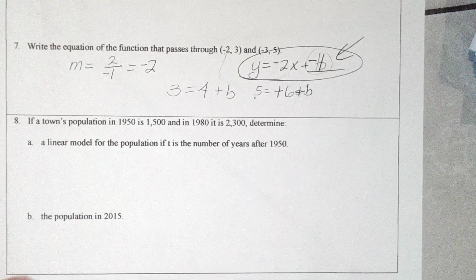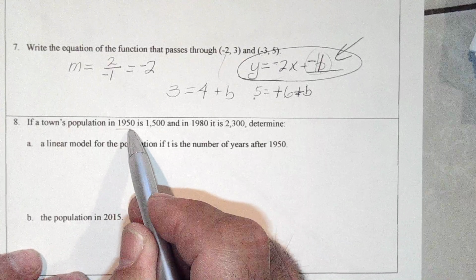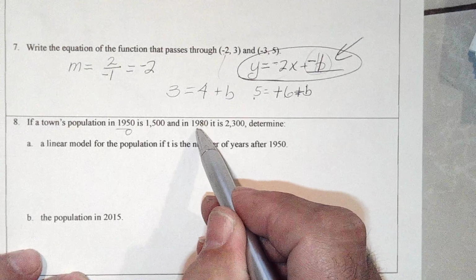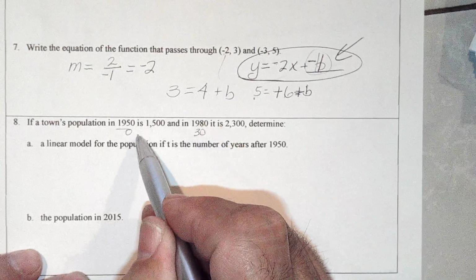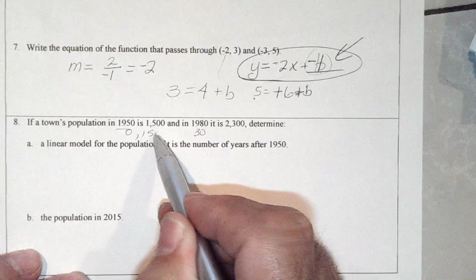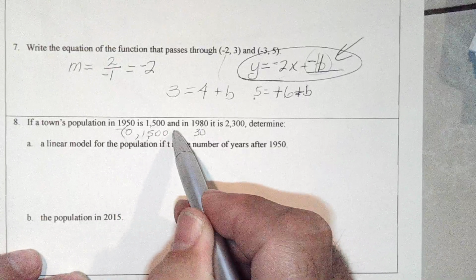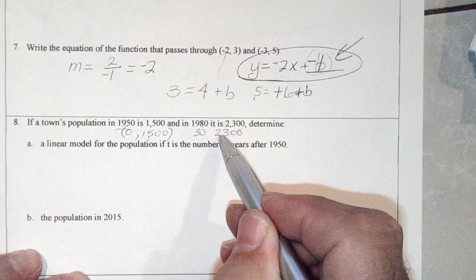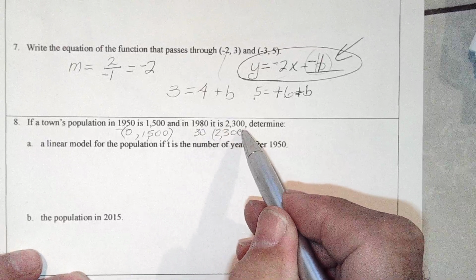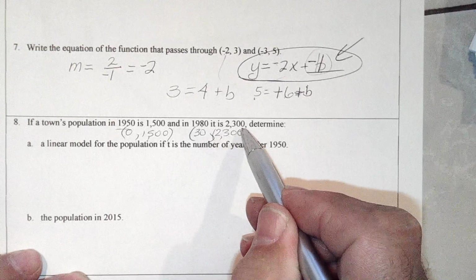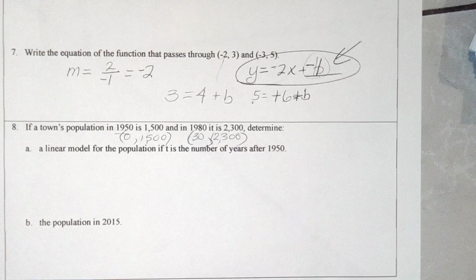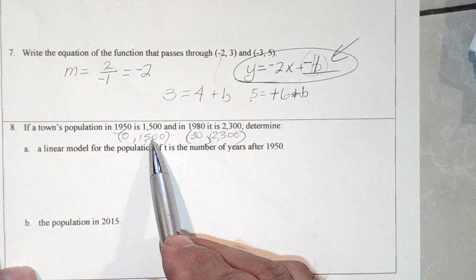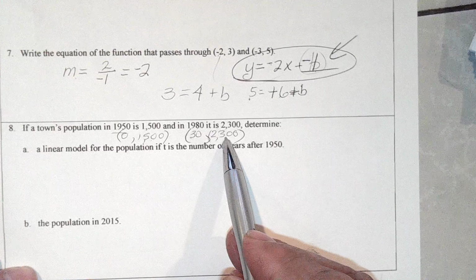Now we need the linear model for 1950 being 0, and 1980, which is 30 years later. The population was 1,500 in 1950 and 2,300 in 1980. So I need to do the slope. Change in y went from 1,500 to 2,300.